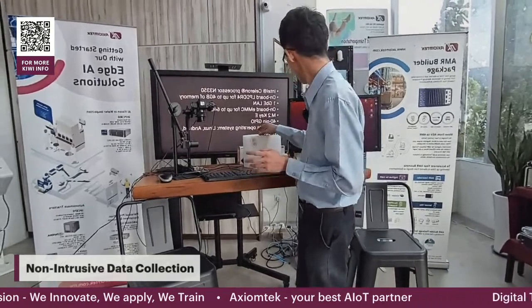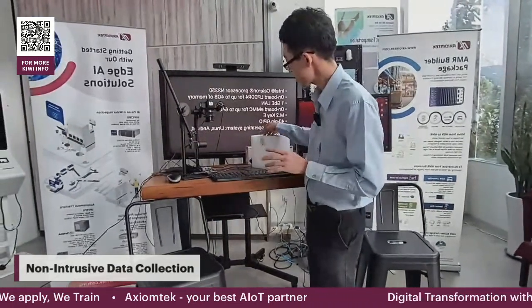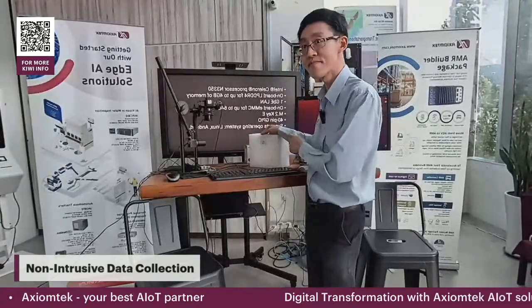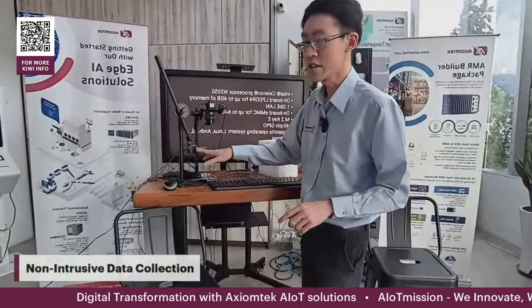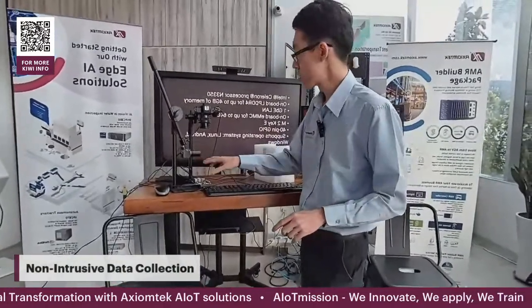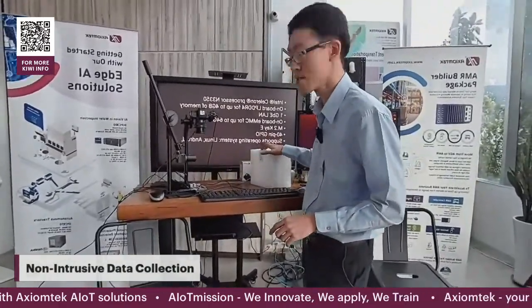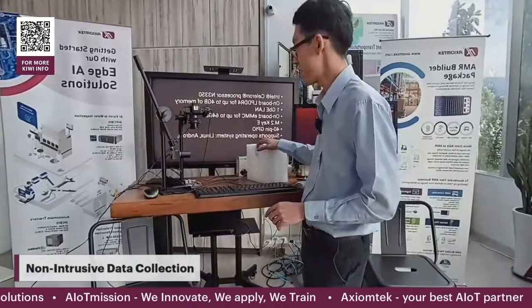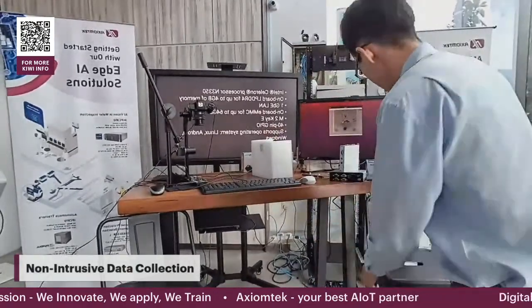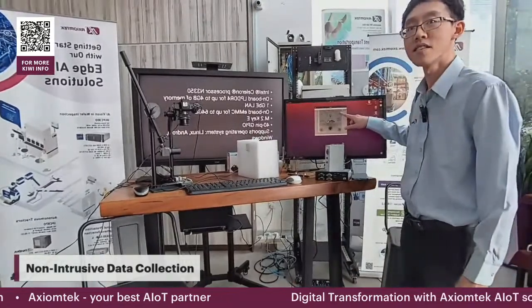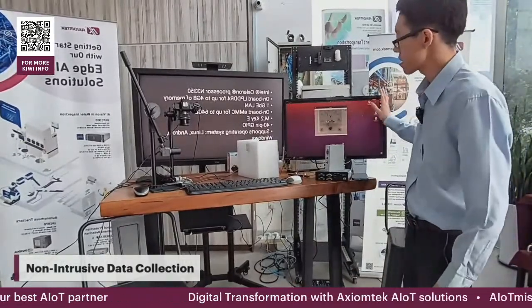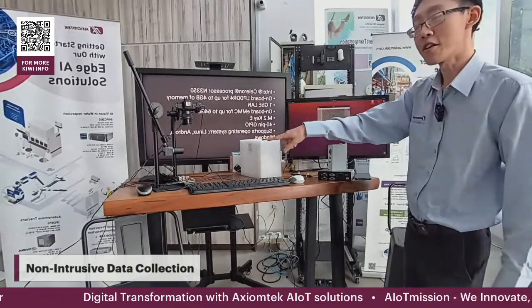Over here we have a voltmeter, and then we have a Kiwi board connected to a USB camera. The camera is looking at the voltmeter right now. I'm not sure whether you can see this or not, but this interface is coming out from the Kiwi board.